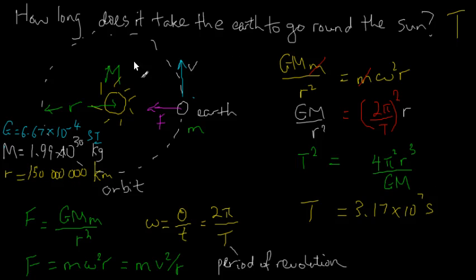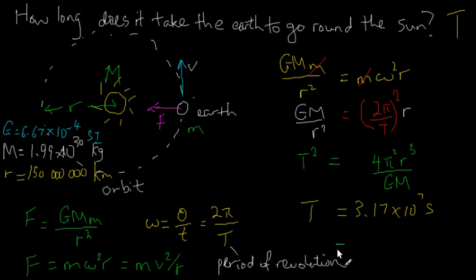Now we want to compare with what we already know is the answer, right? We know that it takes exactly 1 year for the Earth to go around the Sun. So how many years are there in this number of seconds? How am I going to convert this? Right, let me try.